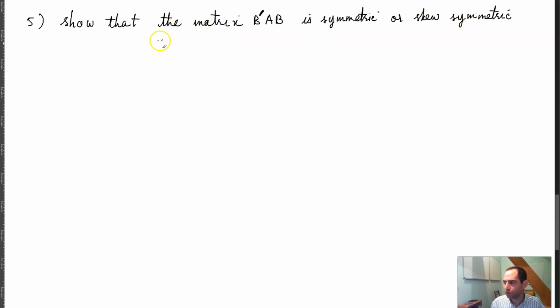It took me a long time to understand the meaning of this statement: according as A is symmetric or skew-symmetric.